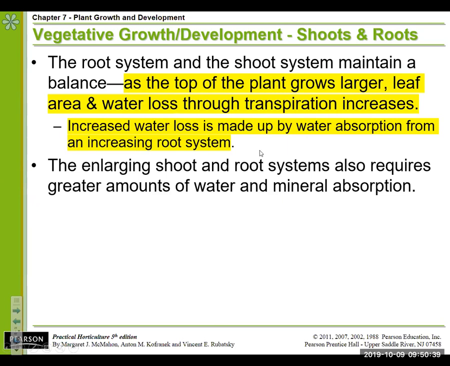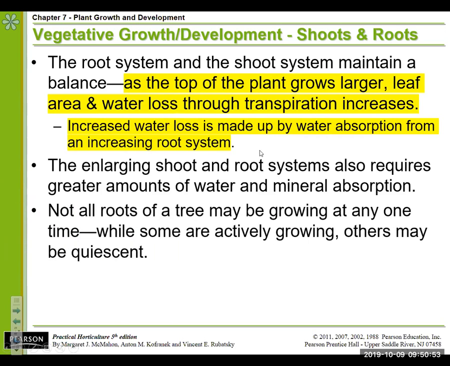And as the shoot enlarges and the root enlarges, they're going to need greater amounts of water, because water is, in most plants, the largest part of the plant. They're also going to need greater amounts of minerals. So as the plant grows, it needs more water, more fertilizer.